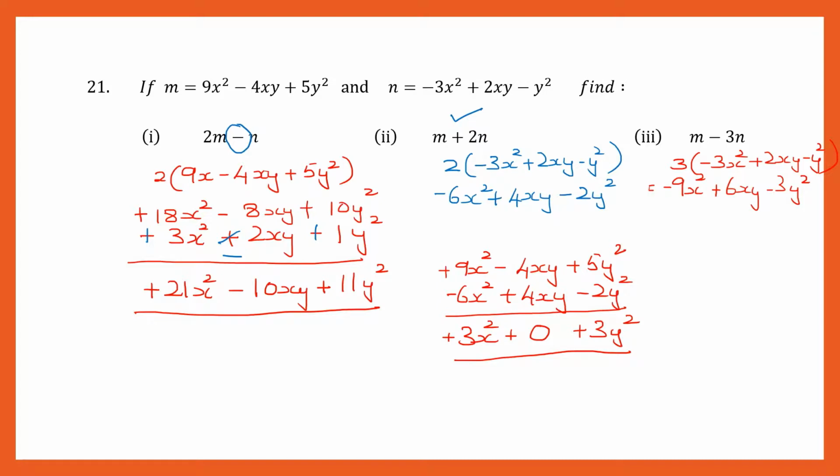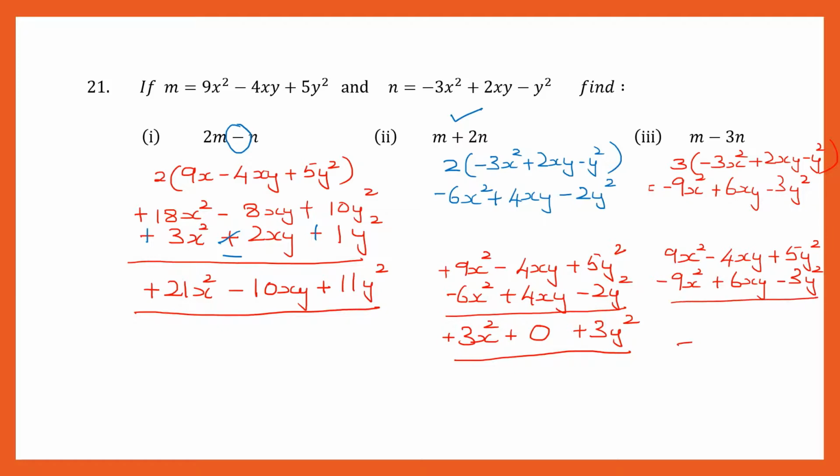Let's subtract m minus 3n. Let's start. m is 9x square minus 4xy plus 5y square. Now let's write 3n below this: minus 9x square plus 6xy minus 3y square.